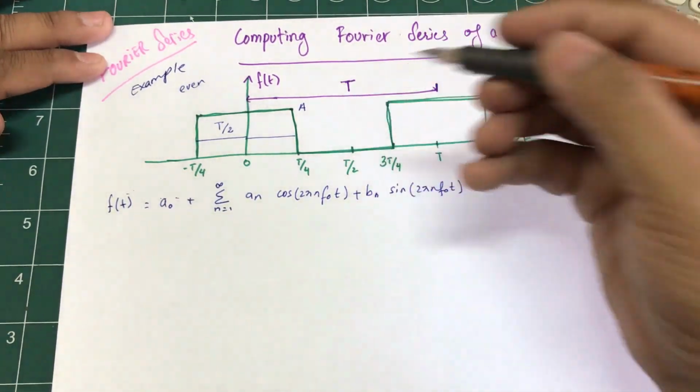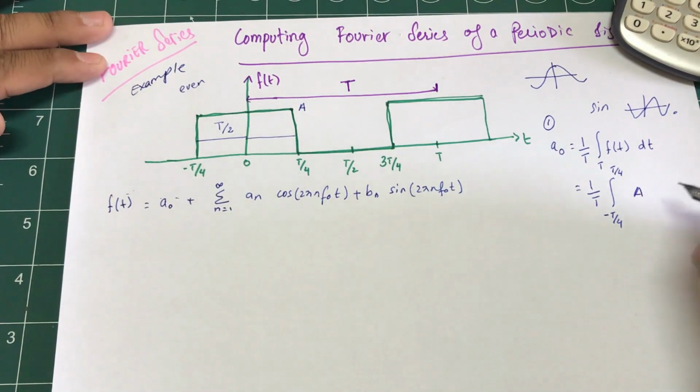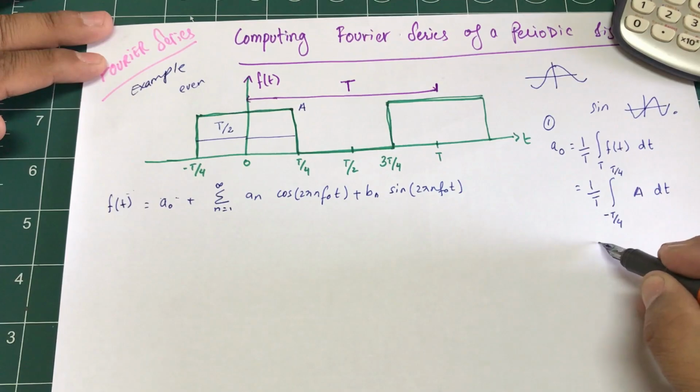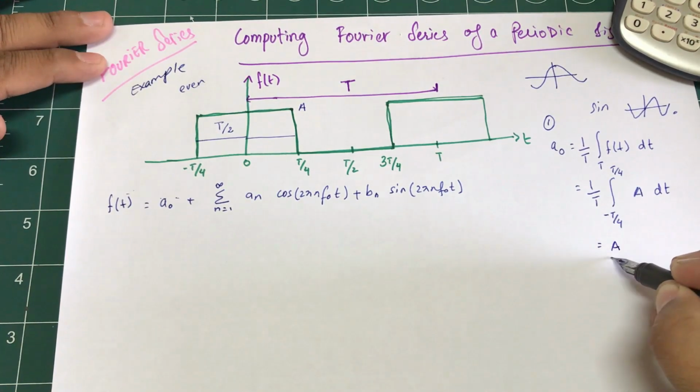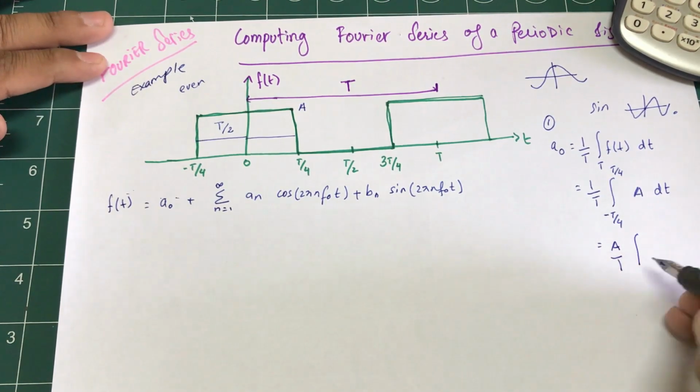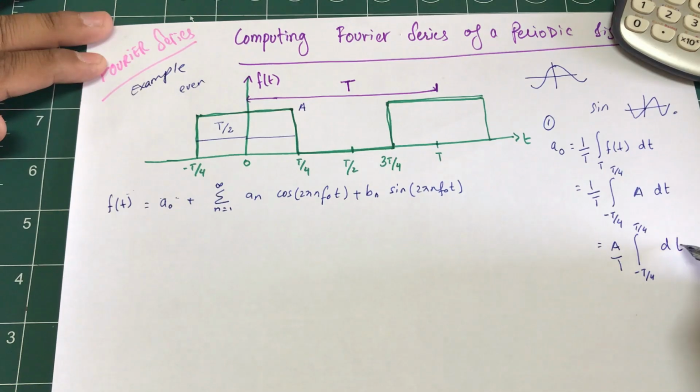What is my f of t? f of t I have just given you as being A dt. A is nothing but a constant value, so I can simply take this A out. Integral from negative T over 4 to T over 4 of dt. What is the integration of dt?